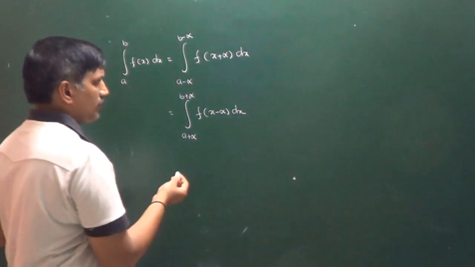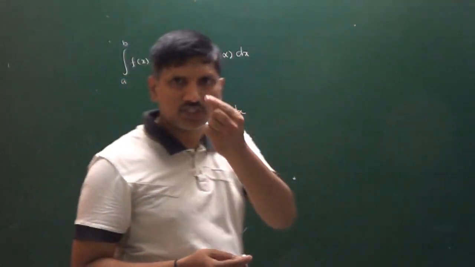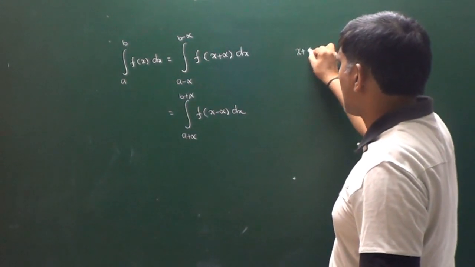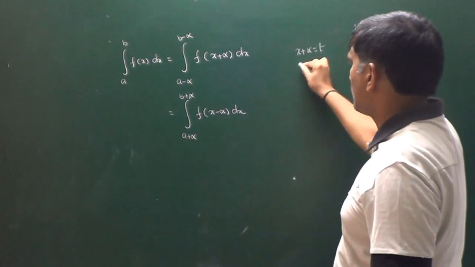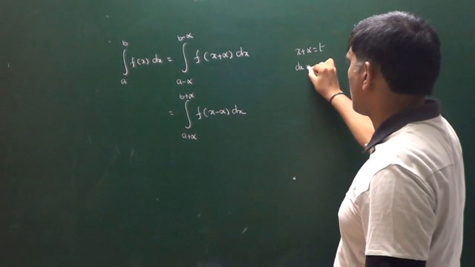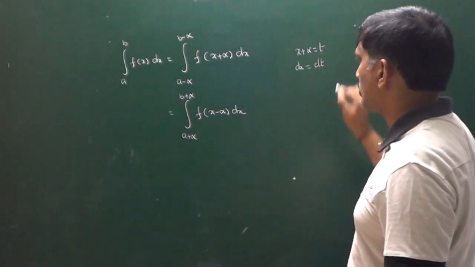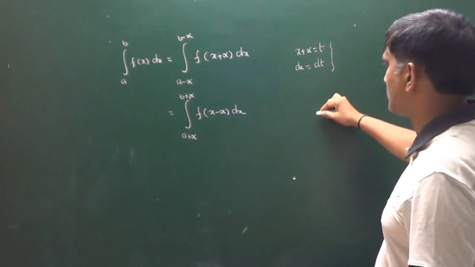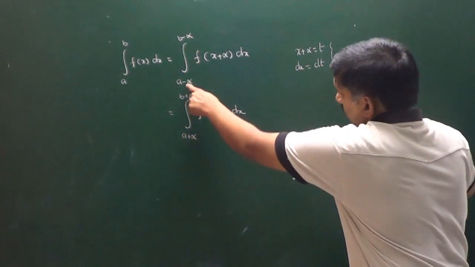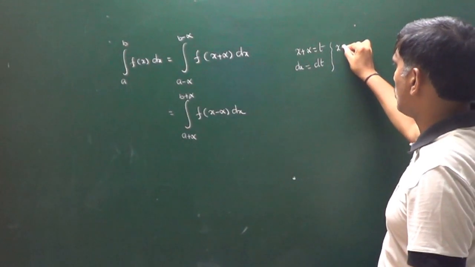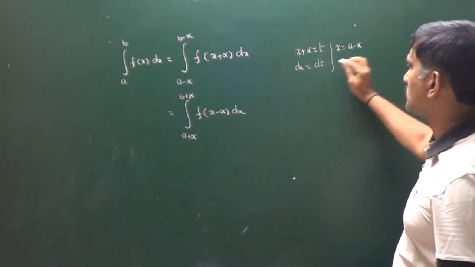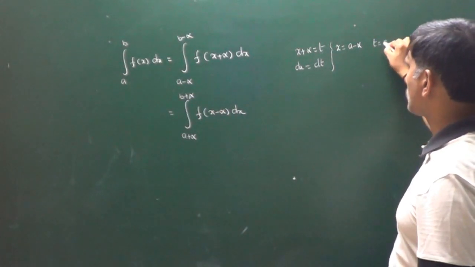Next, I want to discuss one particular one. I will try to prove this. I am taking x plus alpha equal to t. So dx is equal to dt. When the lower limit is x equal to a minus alpha, putting x equal to a minus alpha, you will get t equal to a.